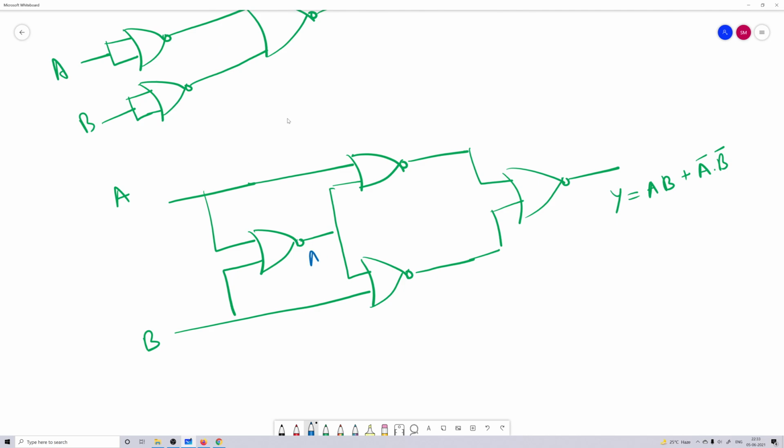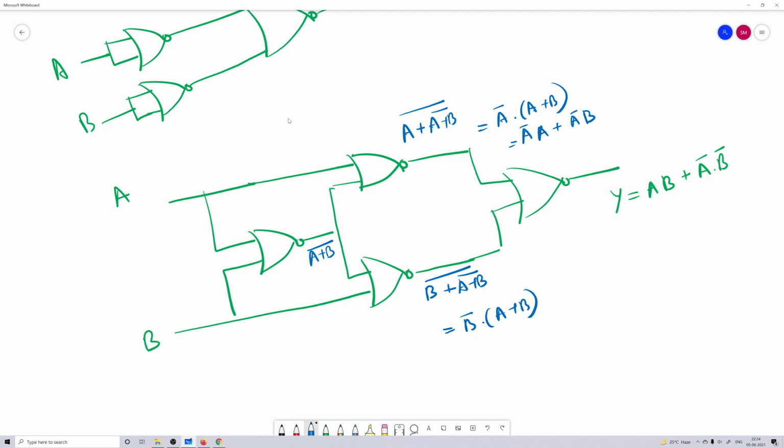So clearly this would be A plus B complement. This would be A plus B complement, whole complement, that is A complement times A plus B, that is A complement A, that is 0, plus A complement B. And this is B plus A plus B complement, that would be B complement times A plus B, that is AB complement plus BB complement.